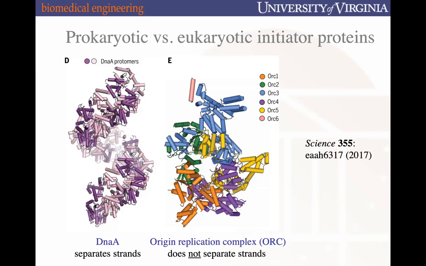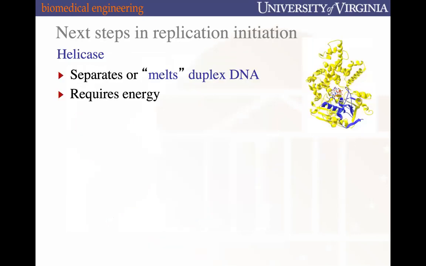The ORC complex, or ORC, is eukaryotic. So this is the initiator protein that we have. What's important to know is that it does not separate strands, whereas DnaA can. What does the separating, or the melting, in mammalian cells is helicase. And this is a process that does require energy.